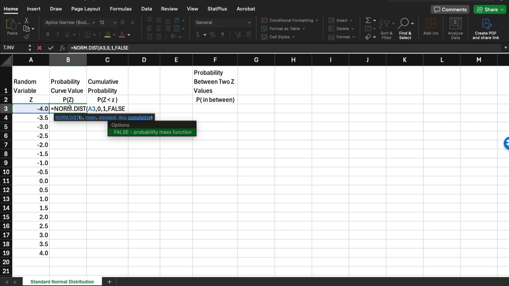Cumulative is false, close parenthesis. So again, that's equals NORM.DIST(A3,0,1,FALSE).